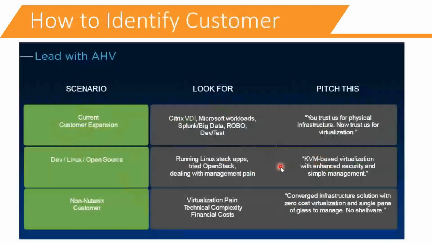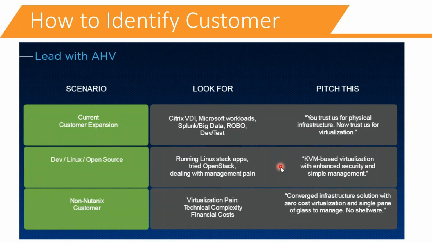Okay, so how to identify a customer? Some of the new customers, if they are trying to set up their private cloud environment or hybrid cloud environment, that is the opportunity for the pre-sales team to get into the deal and win the opportunity. Okay, and DevOps based environment, database environment.